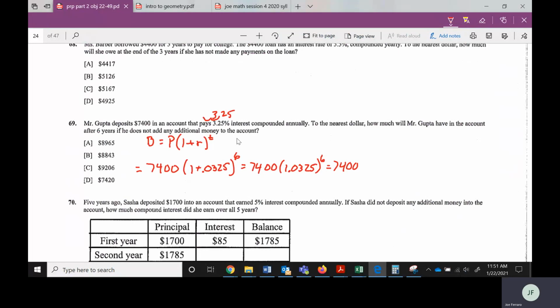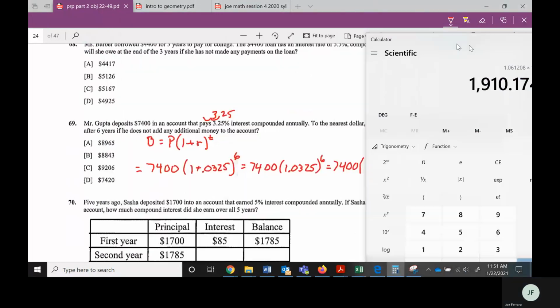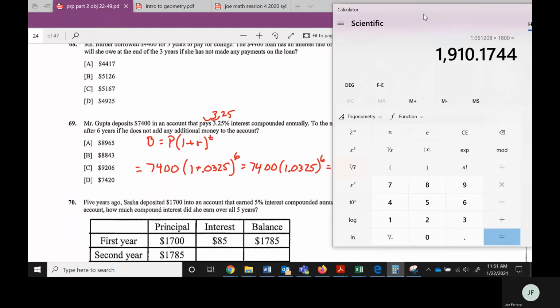Okay, so now here is the part where you're going to want that calculator. So we want 1.0325 to the 6th. Okay, so clear your calculator. 1.0325. Again, turn your calculator sideways. You'll see this button.